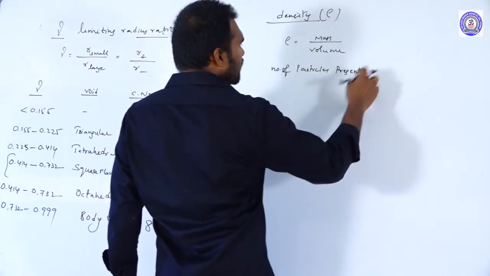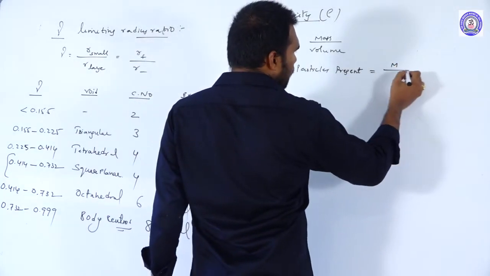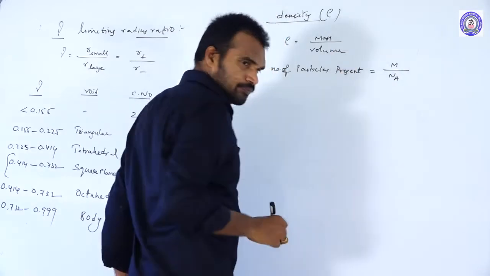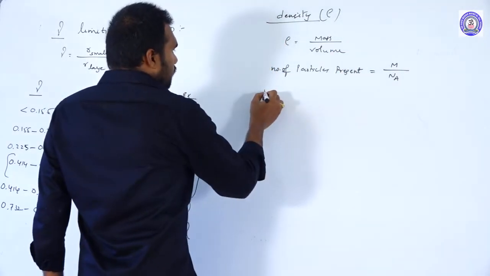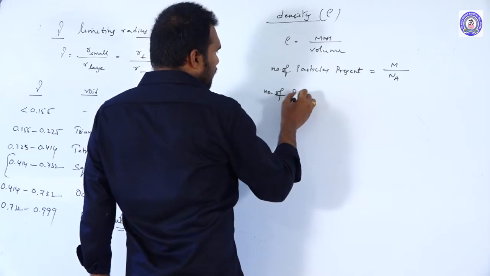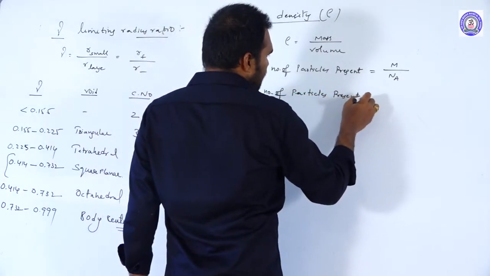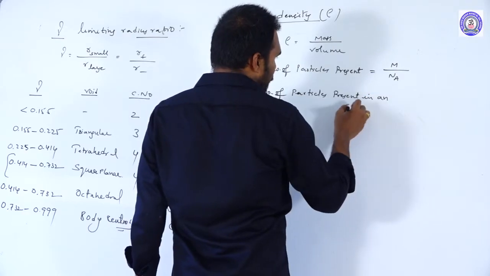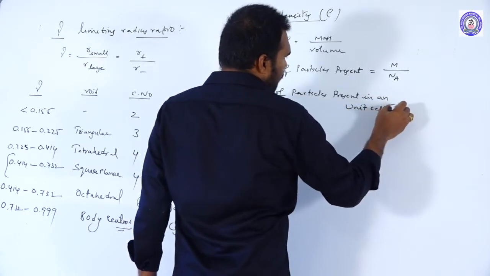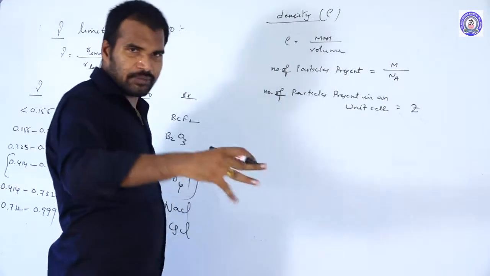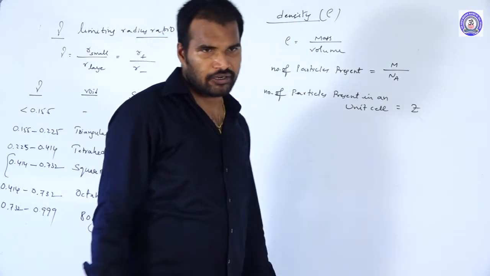So number of particles present is equal to mass by Avogadro number. Next one. Number of particles present in a unit cell, Z, as we know, Z is nothing but effective number of atoms present in one particular unit cell.